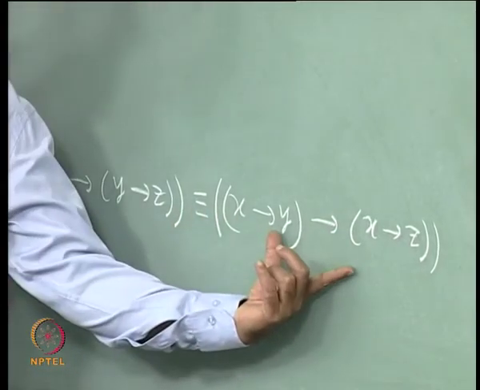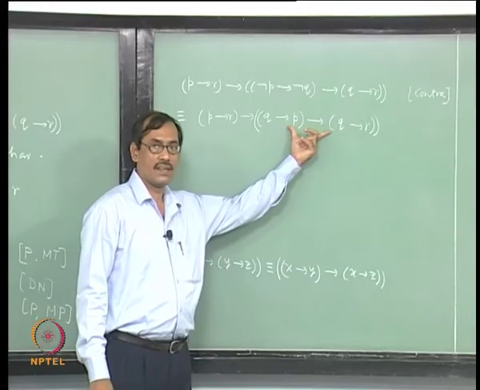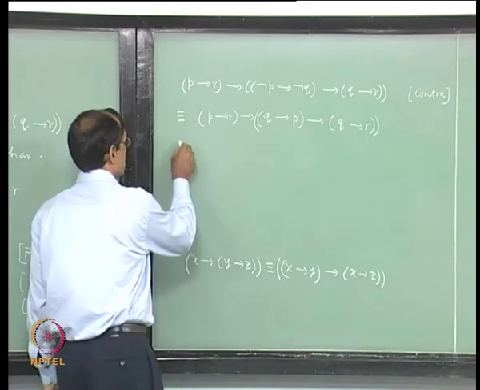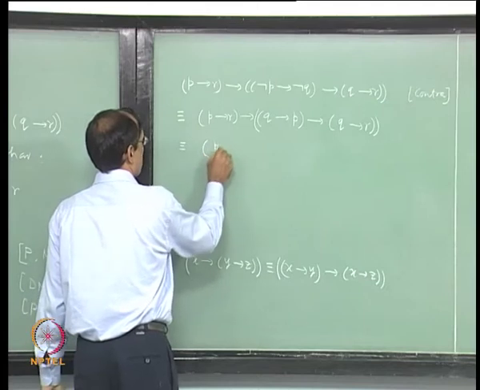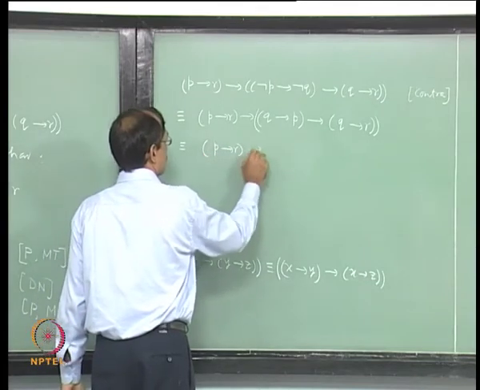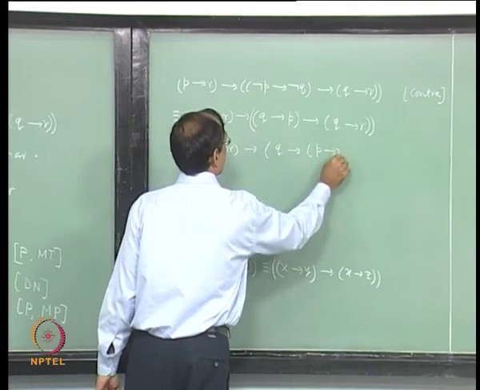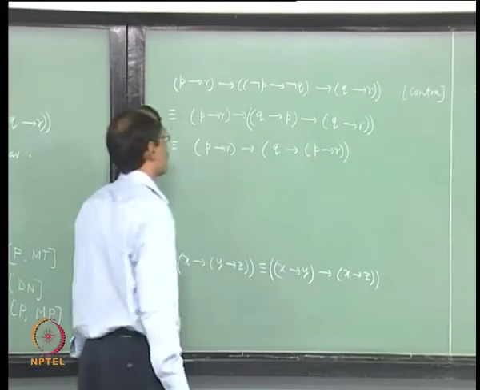Now, it is matching with the right side. So, that we can replace by the left side. So, that says equivalent to P implies R implies Q implies P implies R. Okay.